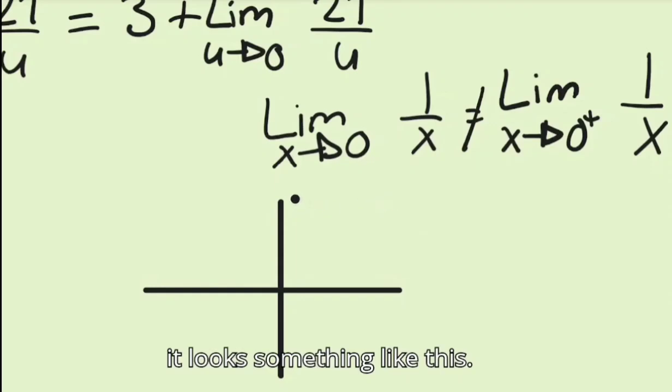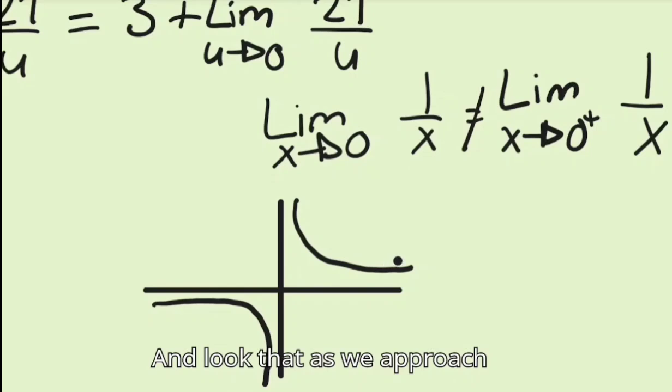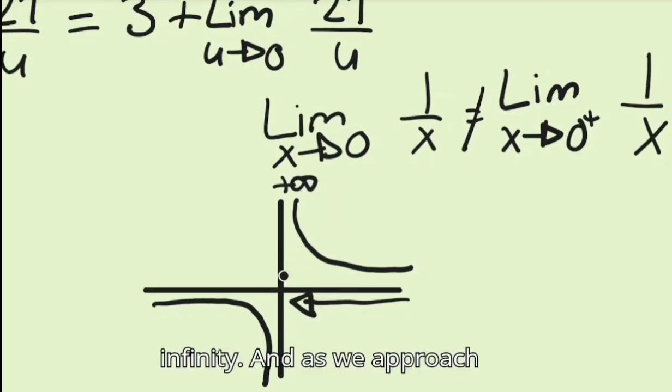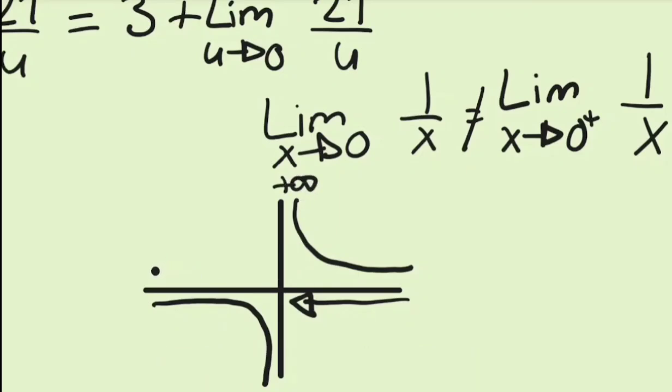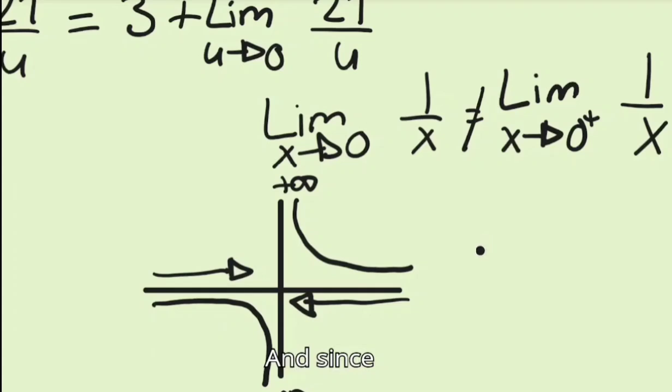It looks something like this, and look as we approach 0 from the right, the limit goes to plus infinity, and as we approach 0 from the left, the limit approaches minus infinity. And since they're not equal, the limit doesn't exist.